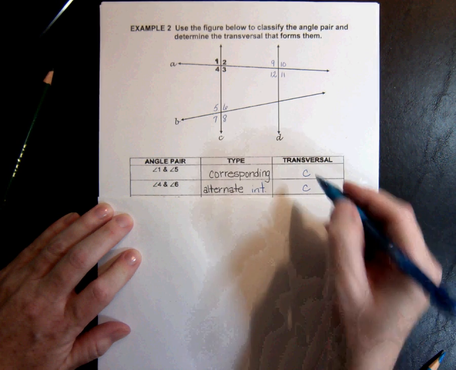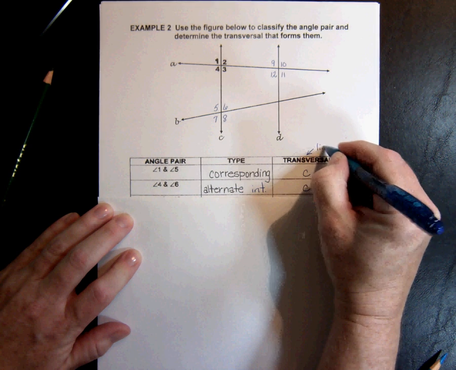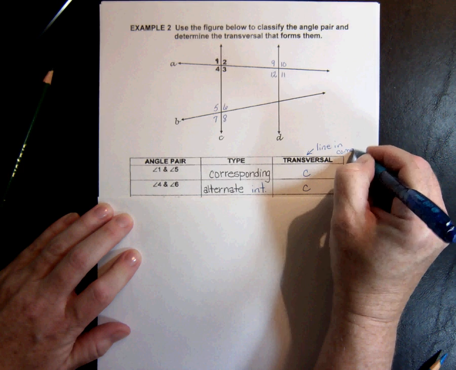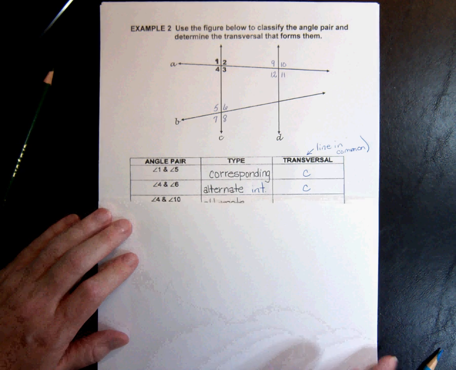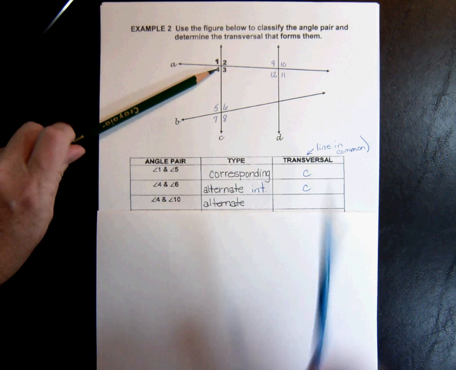And the transversal, I think I made a note on yours too, is a line in common. You've got the line in common to both of the lines that they're talking about. So 4 and 10. There's 4 and there's 10.